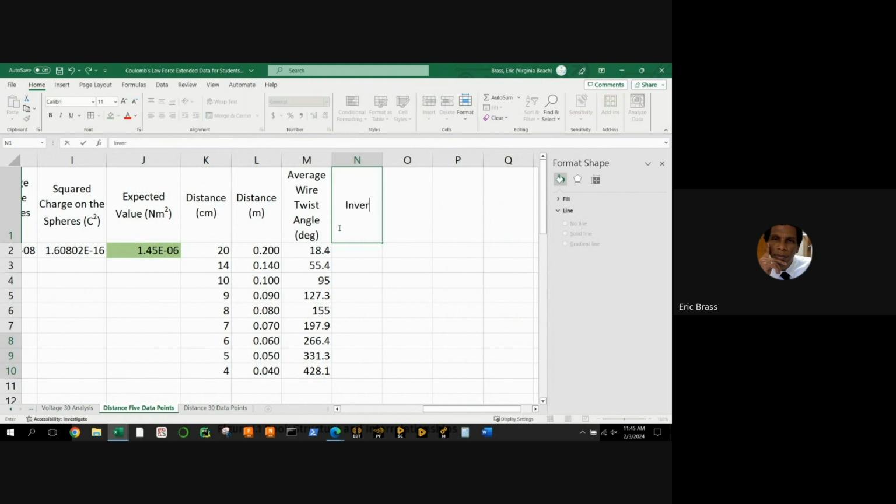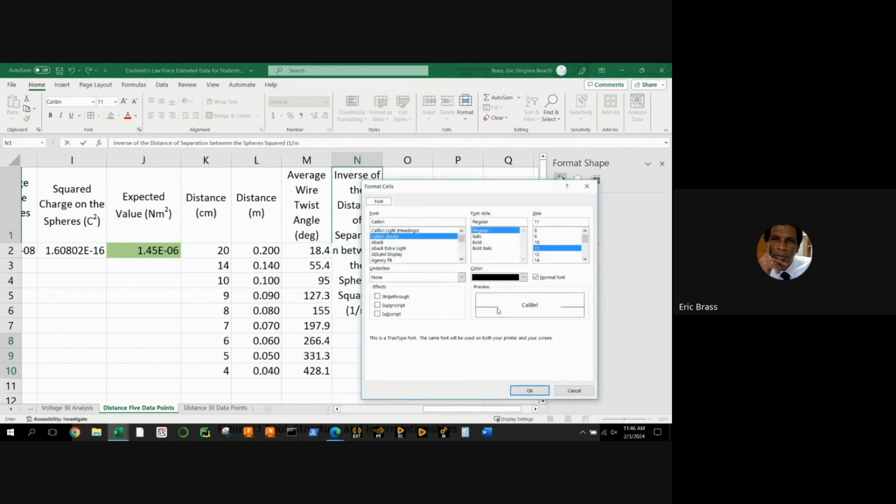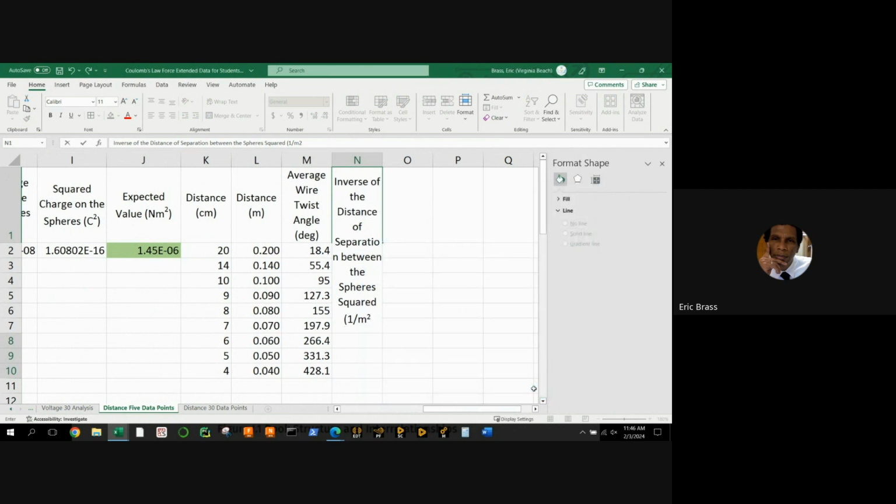So the inverse of the distance of separation between the spheres squared. So this should be 1 divided by a meter squared.